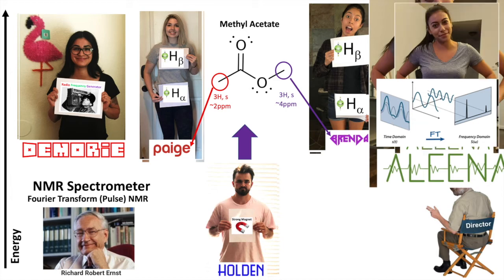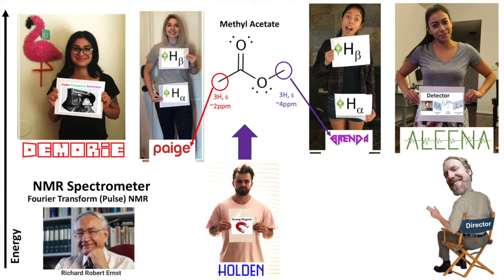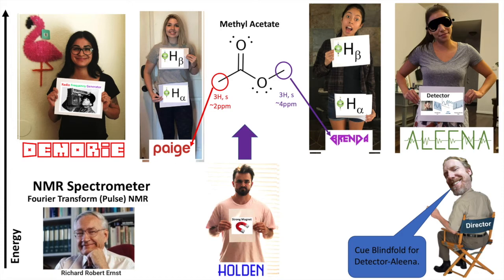We'll talk more about that. It's a little bit complicated, but you guys will get it. In the beginning of the experiment, we're going to have detector Alina turned off. So cue blindfold for detector Alina. Boom. See how she's got a blindfold? So right now, she can't detect any radio waves.